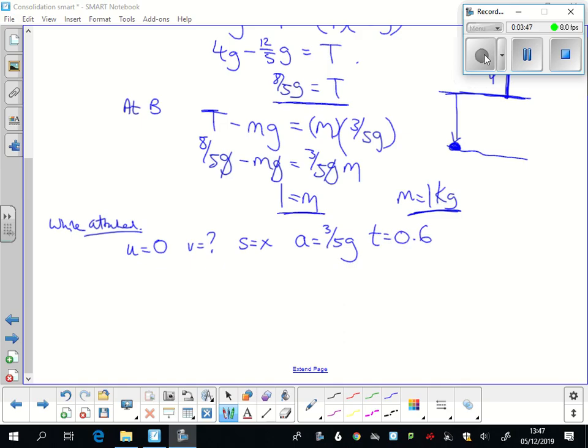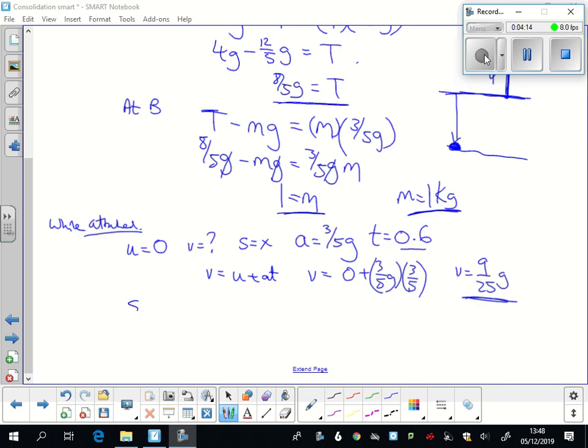And so v equals u plus at, v equals nothing plus a times t, and actually I'm going to write that as a fraction as well. So the velocity here is 9/25 of g, and I have worked that out already to be about 3.5. So there's the velocity at the end while it's still attached.